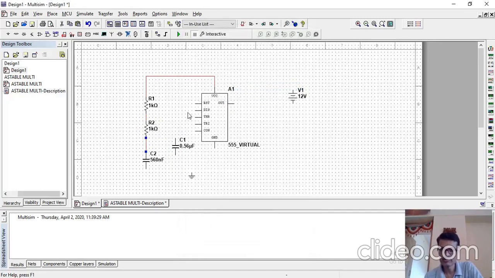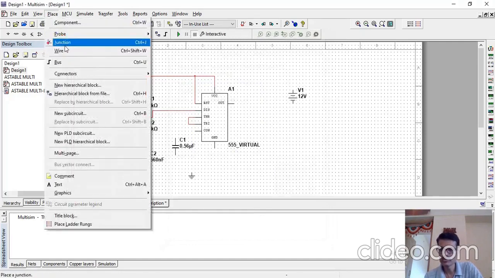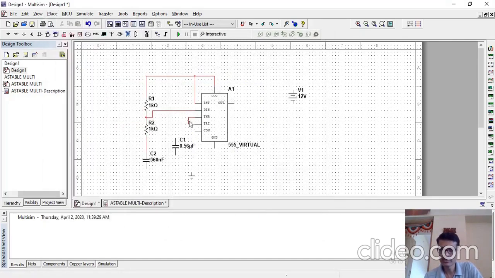Connected. Now the reset pin number 4 is connected to the VCC, which I am not using. This discharge pin should go to this junction. Short trigger and threshold, that is pin number 6 and 2. We need to short these at one junction so that I can connect this to the resistor and capacitor junction here.